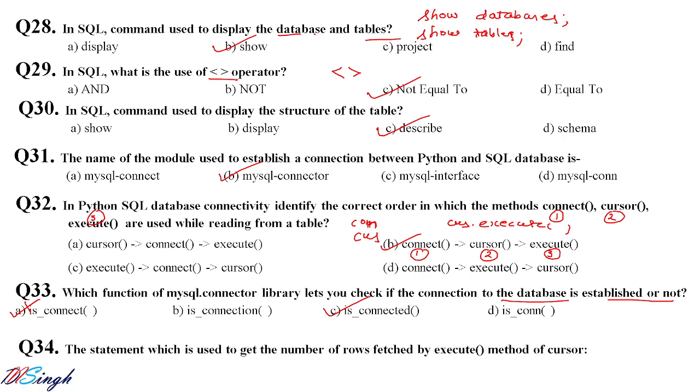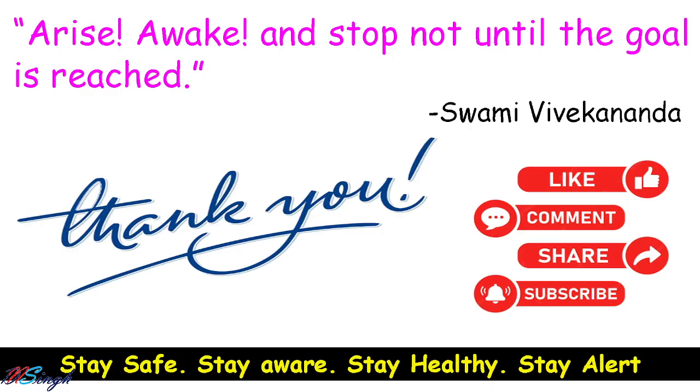Which statement is used to get the number of rows fetched by the execute method of the cursor? That is rowcount. Rowcount is a special variable which holds how many rows are returned by the execute method and stored inside the result set.